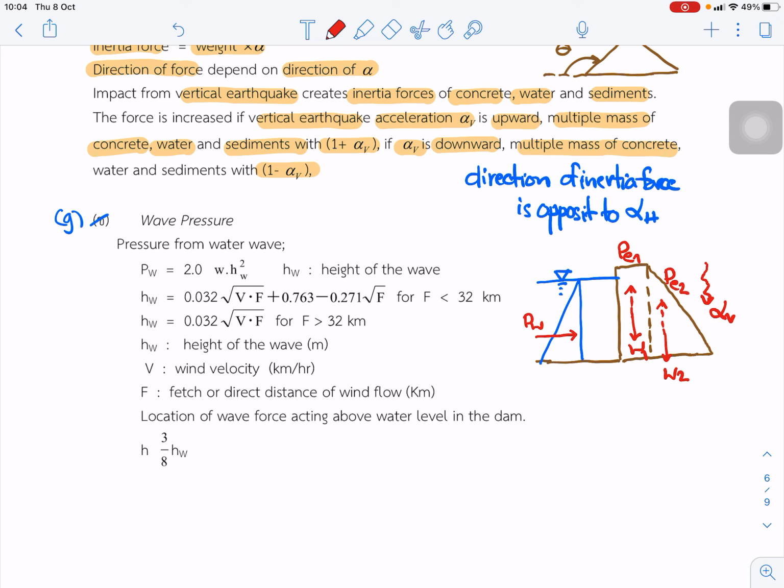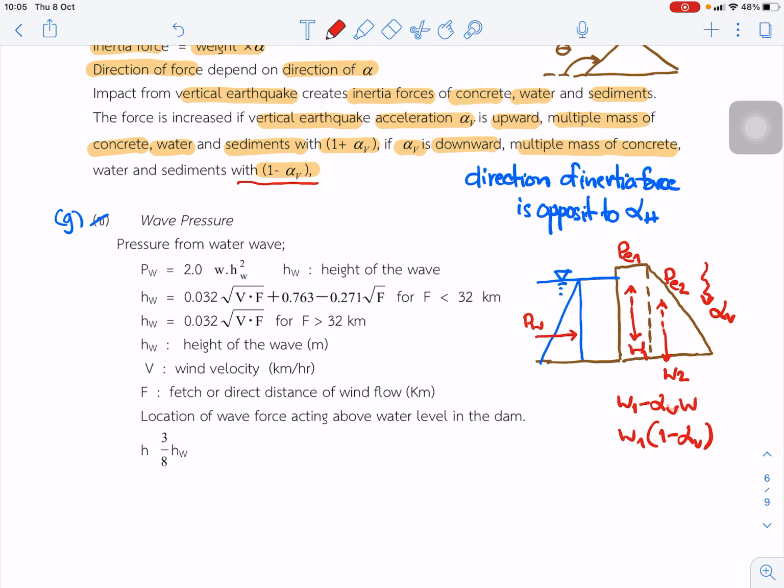The direction of the inertial force is opposite to acceleration. In this case, we want to subtract alpha V, because we want 1 minus alpha V if the direction of the vertical earthquake is downward.